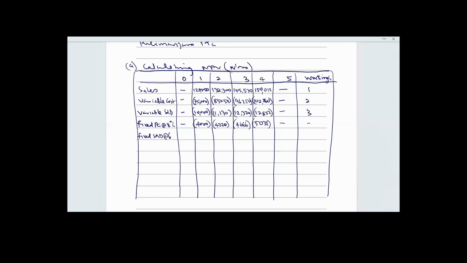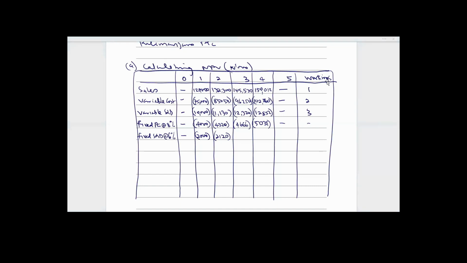The first year price is 2,000. 2,000 multiplied by 1.06 equals 2,120.